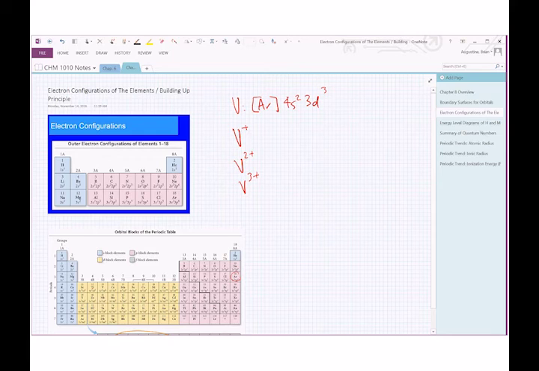So how do we deal with this? So here's the rule. The rule is, for transition metal ions, the electrons come out of the s orbital first, then the d orbital.